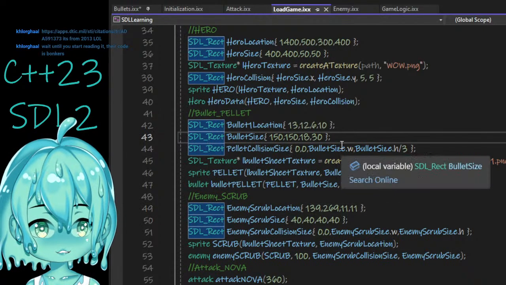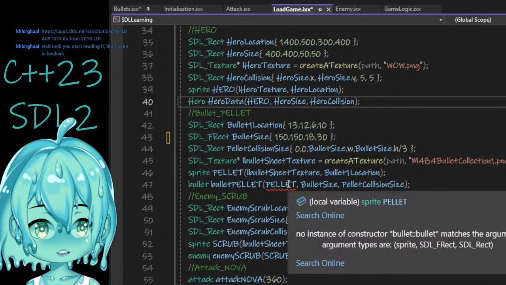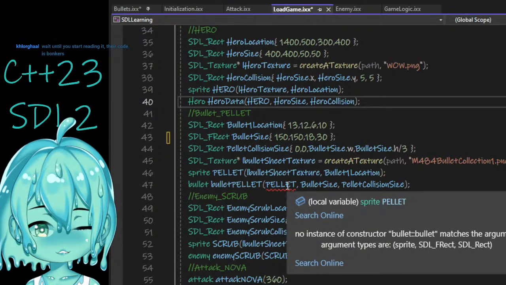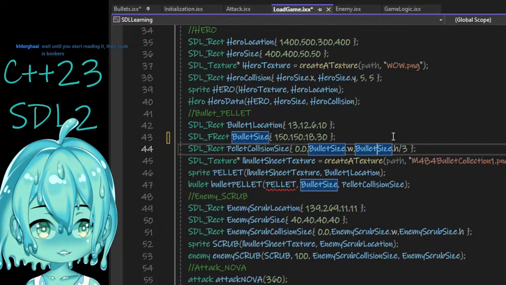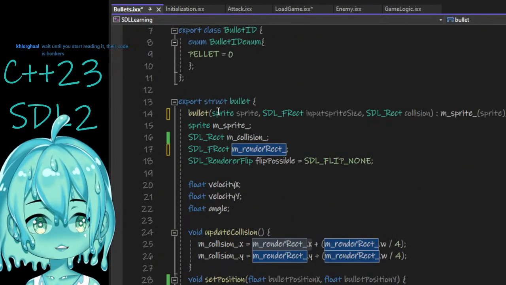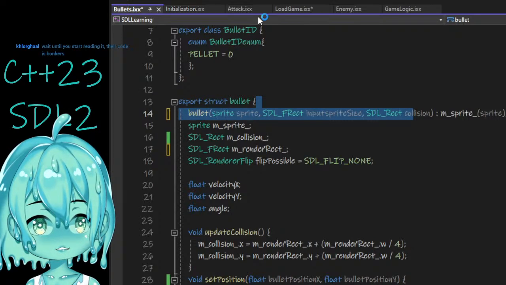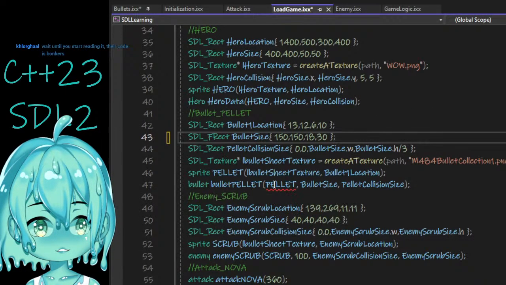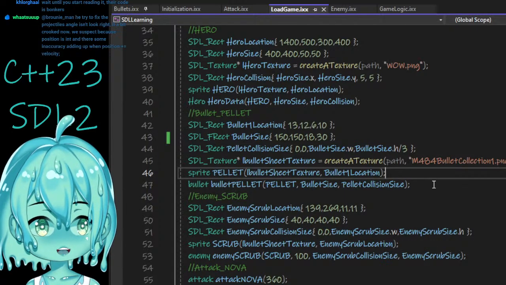Bullet size needs to be a float, because that's going to be the rectangle, right? Sprite pellet doesn't work. What? Wait. Sprite, floating rect, rect. Sprite. There we go. Now it works.